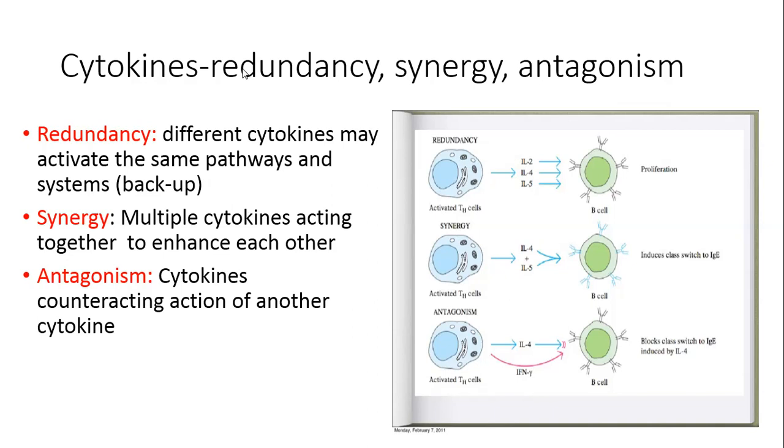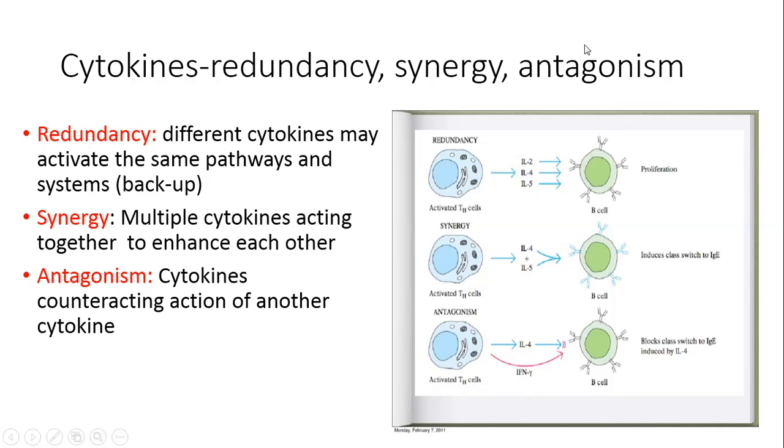Actually, this should be four. In the case of redundancy, it really is just referring to the fact that different cytokines can activate the same pathways. This creates a backup system that is fantastic for a host.